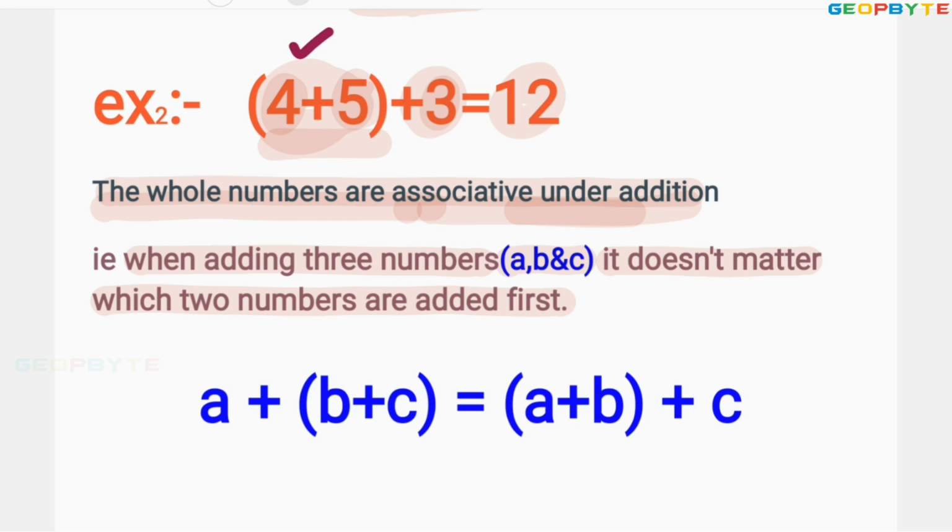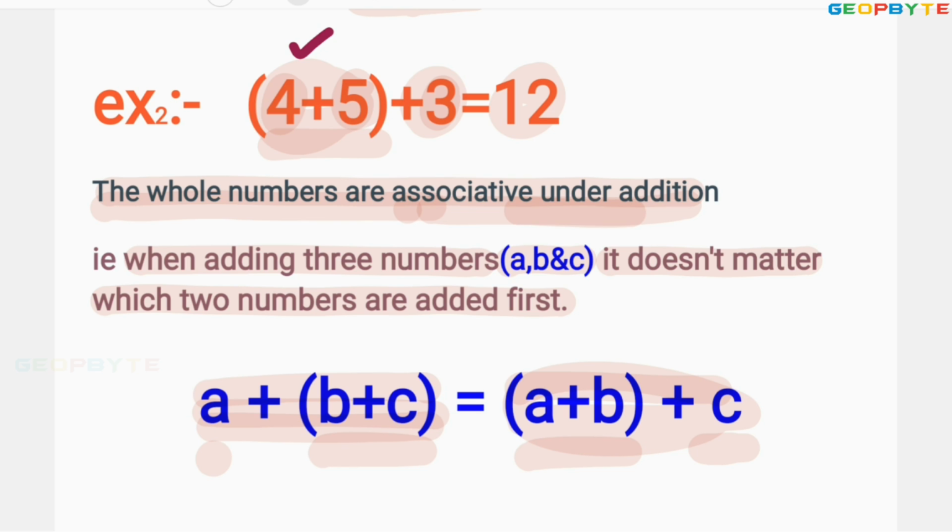Dear children, if this condition is satisfied, then you can say that the whole numbers are associative under addition. Once again, (A plus B) plus C equal to A plus (B plus C). I hope you clearly got my point.